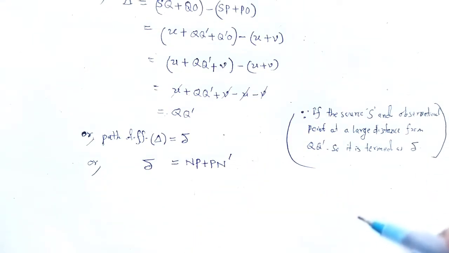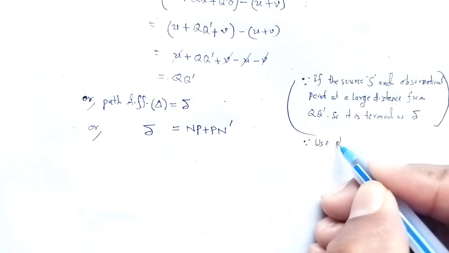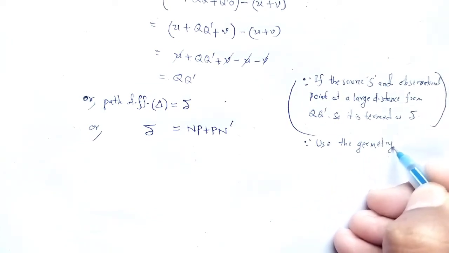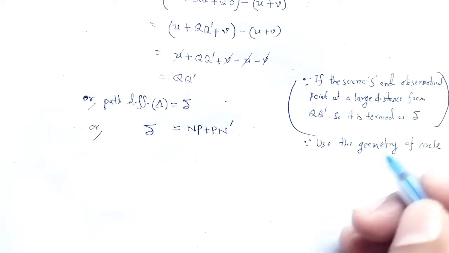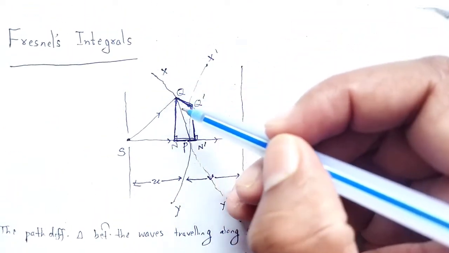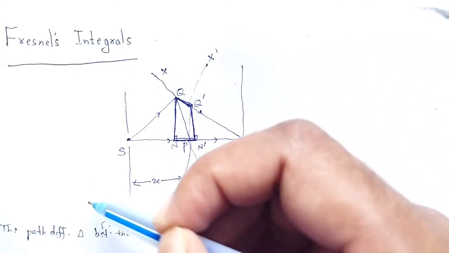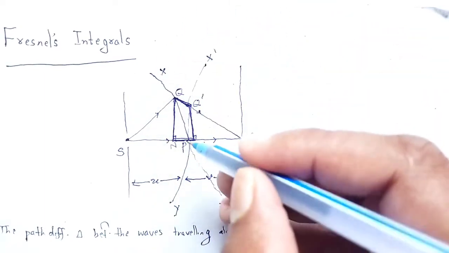Now we use the geometry of circle, assuming XY is a part of a circle.